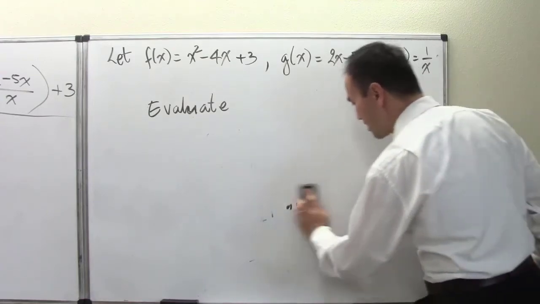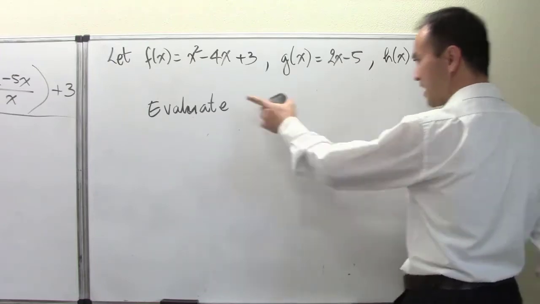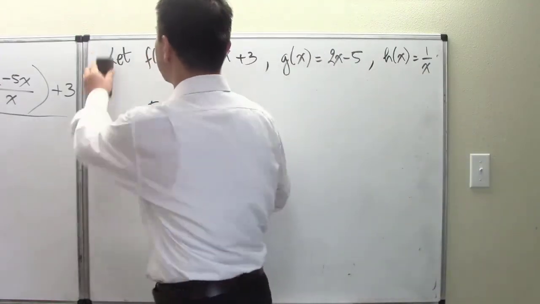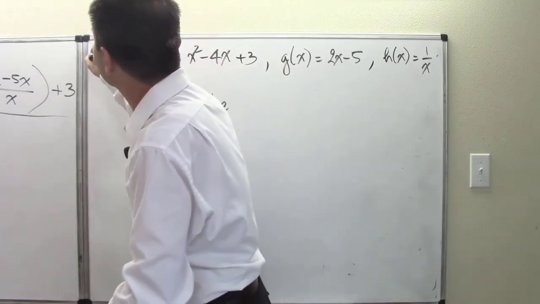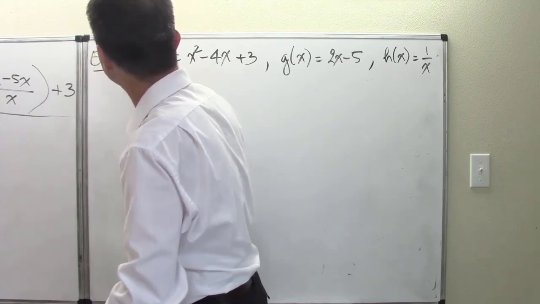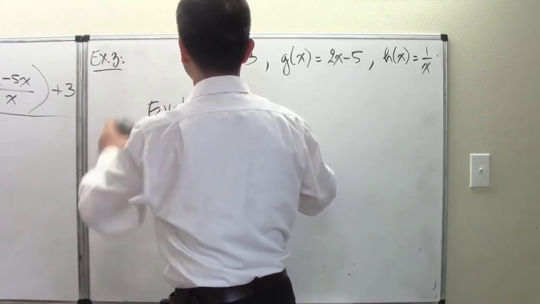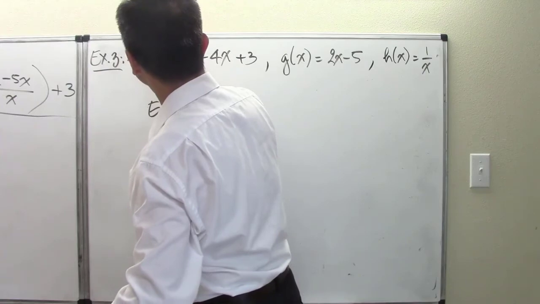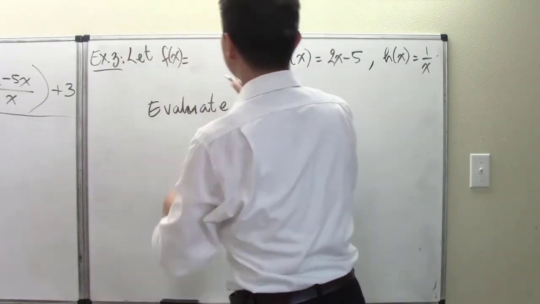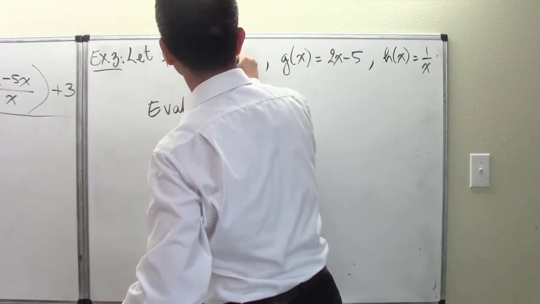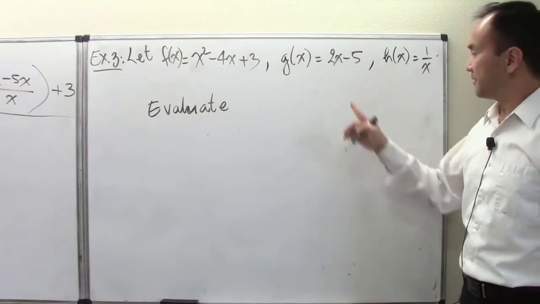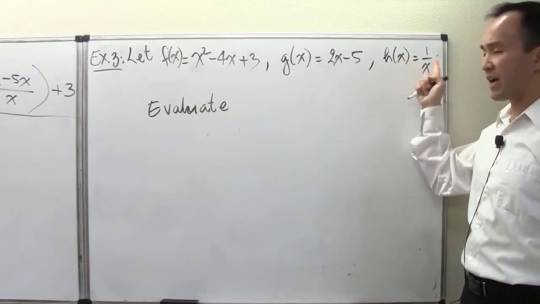So let me stay right here with these three functions, but now let's call this example 3. Let f of x be x squared minus 4x plus 3, and then g of x equals 2x minus 5, and h of x equals 1 over x.